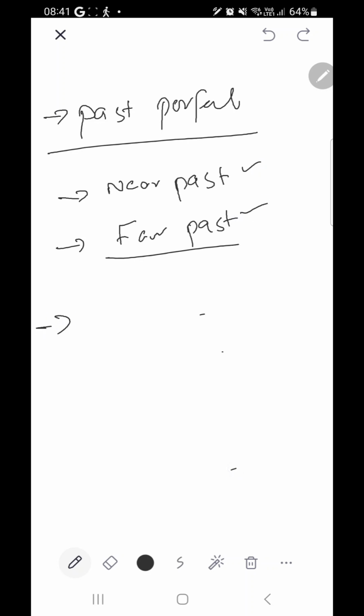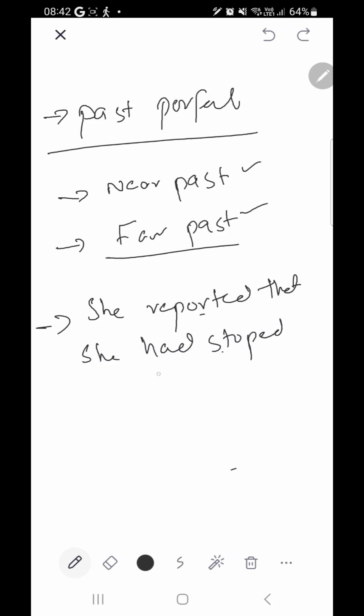Just okay, we can see there: she reported that she had stopped OCP 6 months back. So it's a difference in events, reported and stopped.